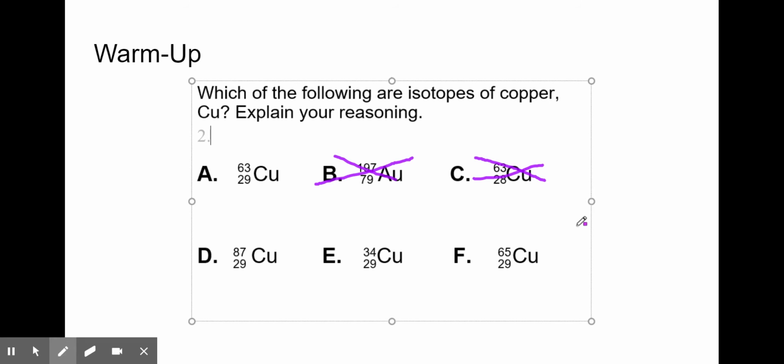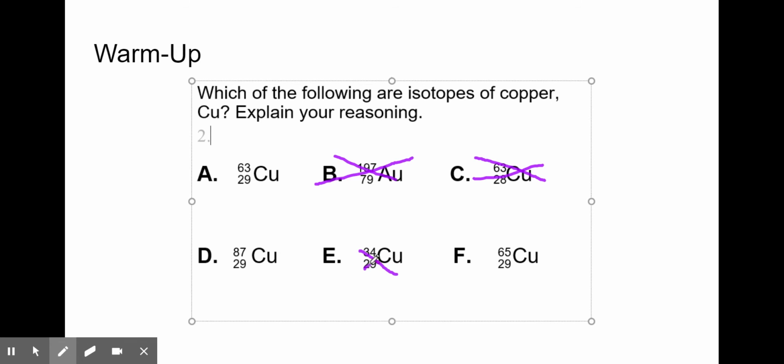Perfect. Okay, what we want to figure out, if we have an isotope of copper, remember the mass number at the top is the protons plus the neutrons, okay? So if we look at the average atomic mass of copper on the periodic table, it's listed at like 63.55, okay? That is going to be our average mass of the protons and neutrons for all of the isotopes, okay? Well, which of these masses that you see here are possible masses of isotopes of copper, okay?